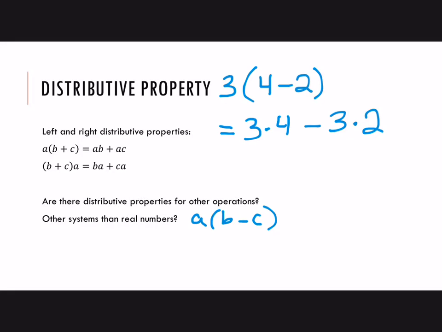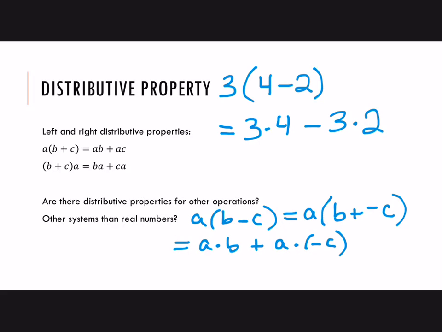Okay, so A times the quantity B minus C. First of all, I know that subtraction is just adding a negative, so I can rewrite this as B plus negative C. And now it's addition, so now I can use my distributive property for addition and make this A times B plus A times negative C. And well, now I know this is A times B, and A times negative C, I know that's the same as subtracting A times C. All right, and there you have it.